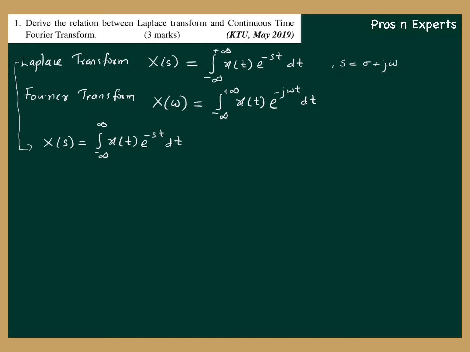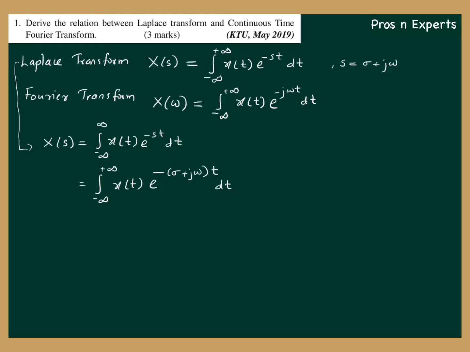So why can't I expand s to sigma plus j omega in this equation? That will give the integral of x(t) into e raised to minus of sigma plus j omega, into t, dt.